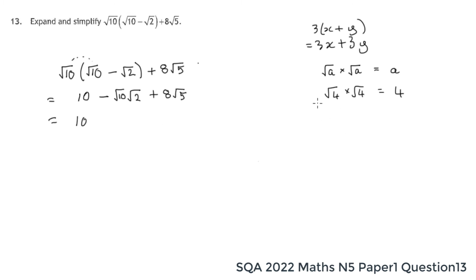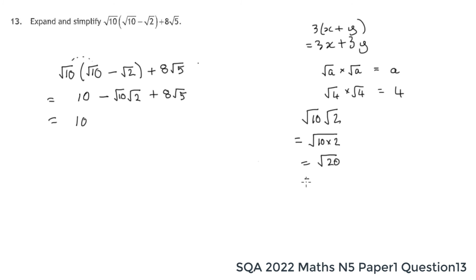Now there's several ways of dealing with root 10 times root 2. One of the methods is to say, well, okay, we can take both of these numbers under the square root sign to get 10 times 2, square root of 20.